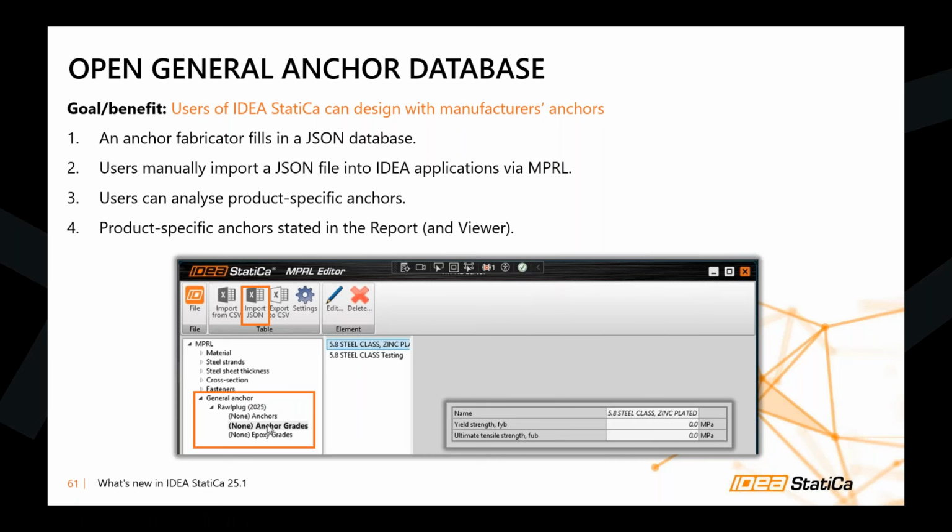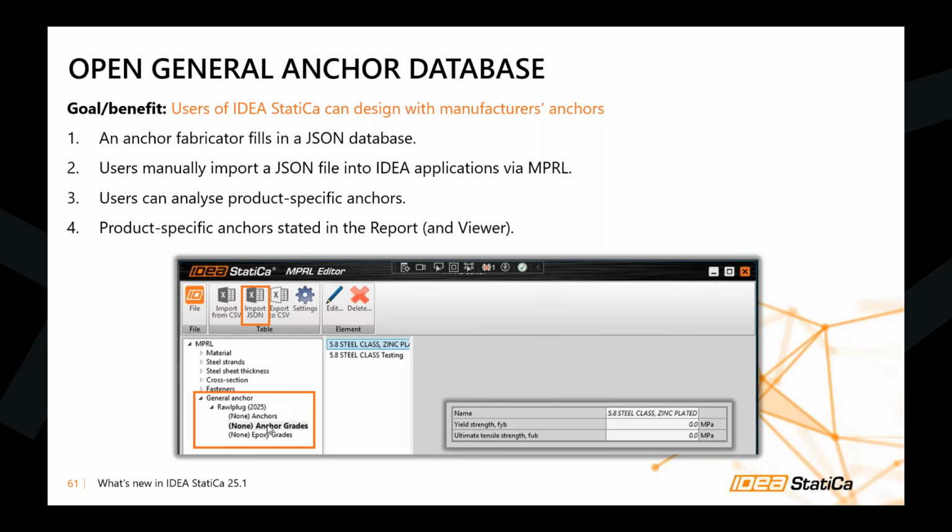What does that mean? We have prepared a workflow with a JSON file database, which an anchor manufacturer, I won't name any, but based on your region you know what solution you use, can fill in.